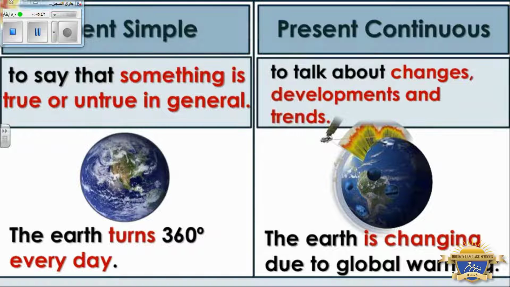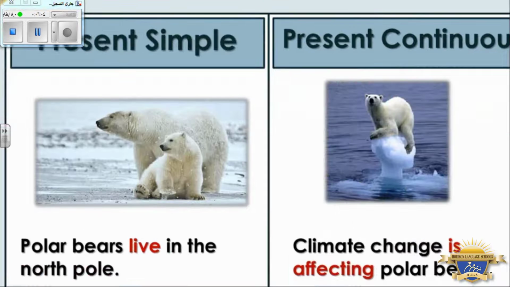And as we talked before, I can say I am getting older all the time, because all of us are getting older every day. So to talk about changes, developments, again, you have to choose the present progressive. While we are talking about the fact, something that all people believe, you should use the present simple.